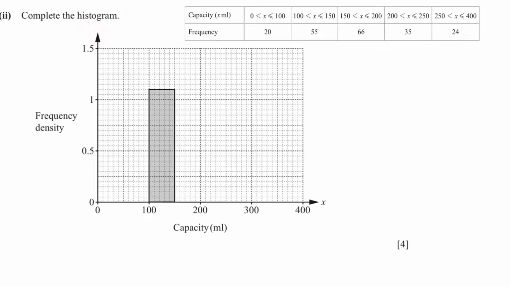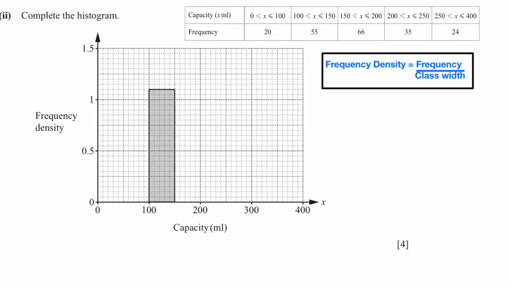Complete the histogram. So these values that we have got, we have to plot the histogram. To find the frequency density, we need to use the formula. Frequency density is equal to frequency over class width. This is your frequency, and the class width is the big value here minus the lower value. So 100 minus 0, 200 minus 150, and so on.